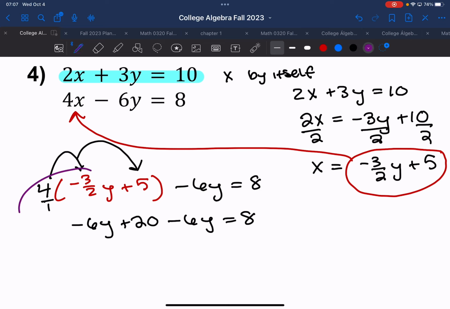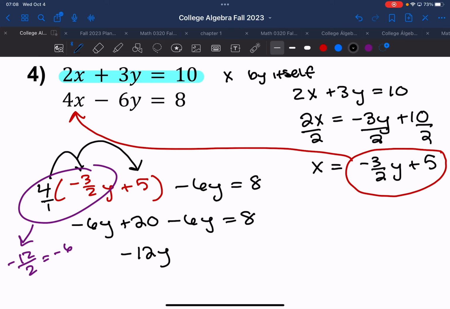So just to note here, what we did is we crossed and multiplied. So 12 over 2, which reduces to negative 6. Now we combine like terms, so what is negative 6y plus negative 6y?